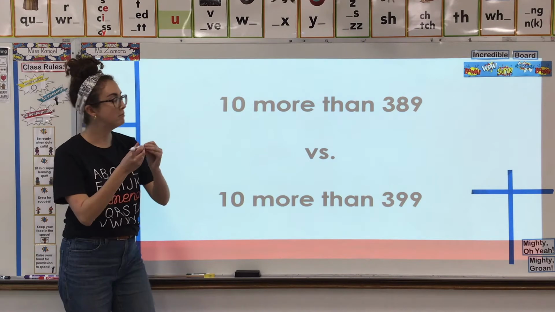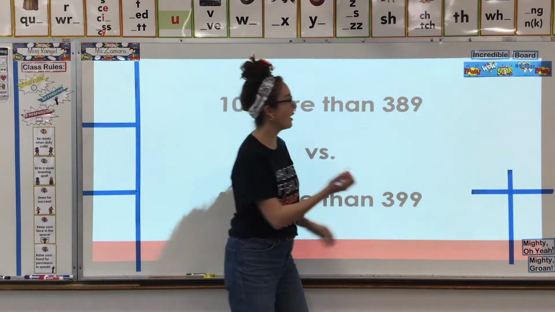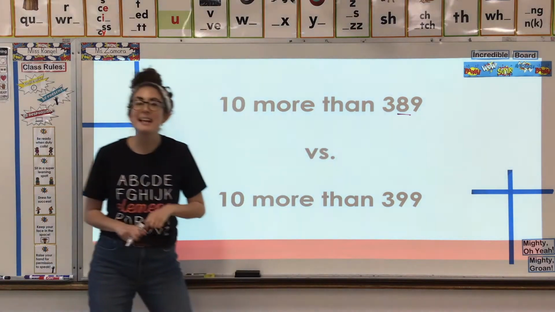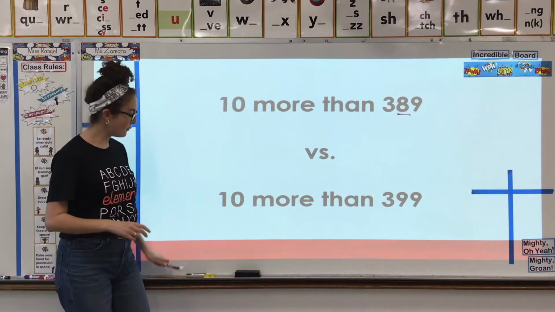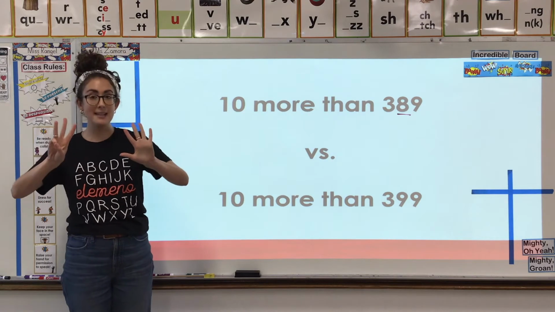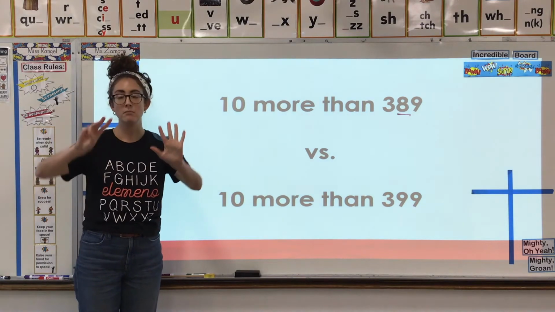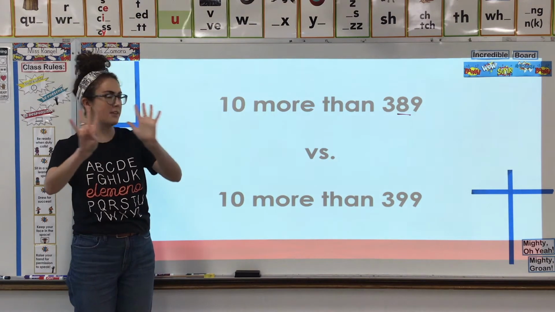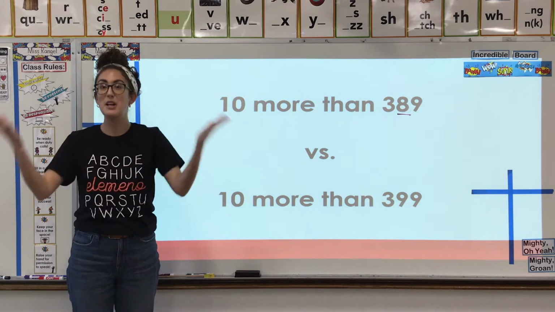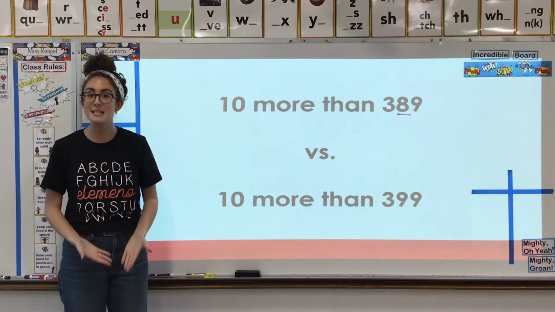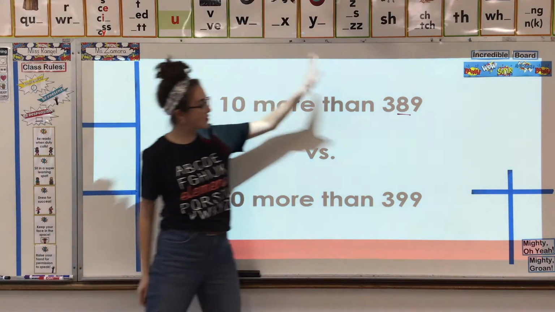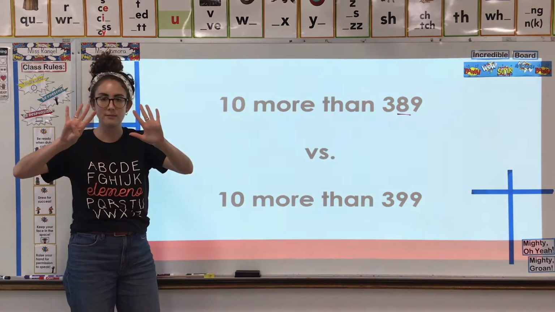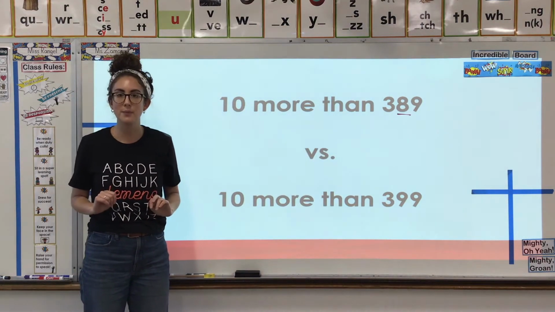And right now, how many 10s are in 389? There's 8 10s. So if we have 8 10s and we add another, do we need to bundle or change anything? No, that was very simple because all we had to do was add a 10 and we got 9 10s. So nothing needed to change.